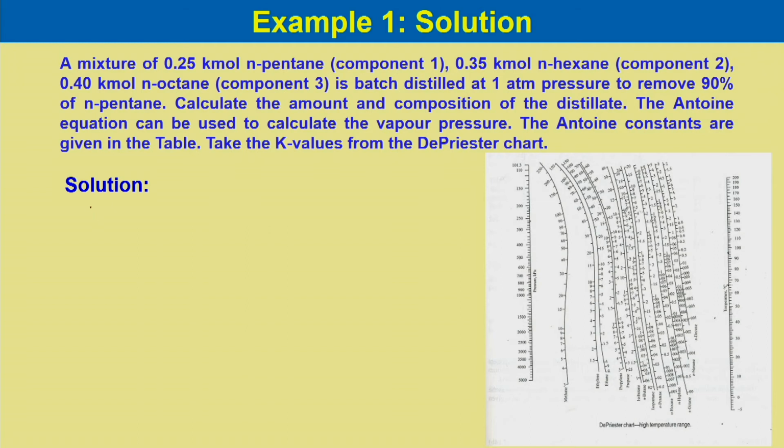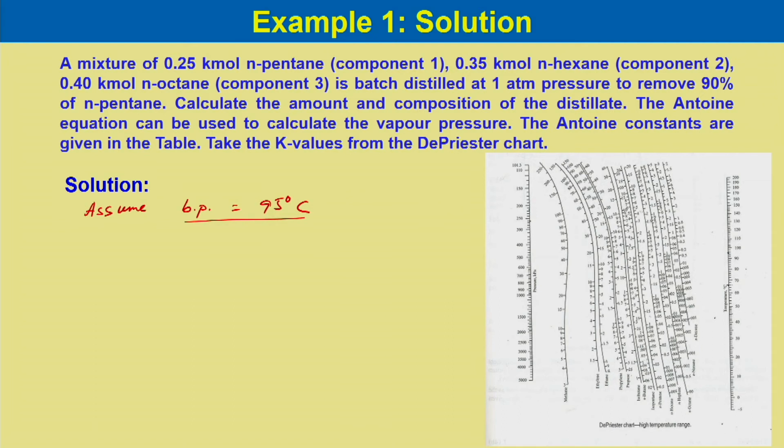Now, assume the bubble point is equal to 95 degree centigrade. At this temperature, from this de Priester chart, temperature and pressure at the initial pressure of the system is 1 atmosphere, that is 101.3. From this temperature and pressure, we can obtain the K values for N pentane, N hexane and N octane.